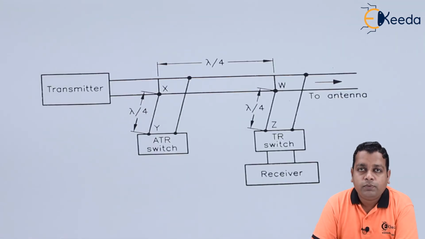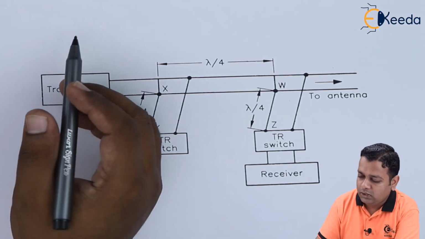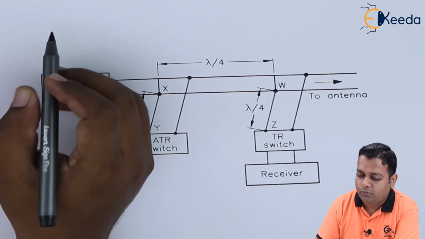Now the simple duplexer and the connection with respect to the TR transmit receive switch we have just seen. The more advanced type of duplexer is the branch type duplexer.